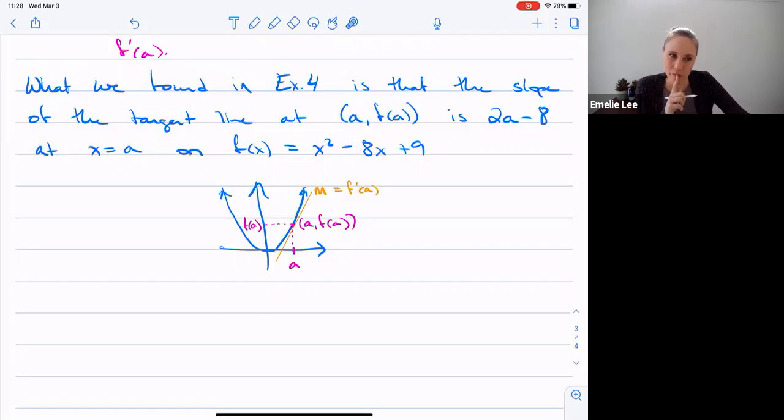Good. I think we're going to use that same function and derivative in example 5. Now we're going to use the fact that the derivative is the slope of the tangent line.